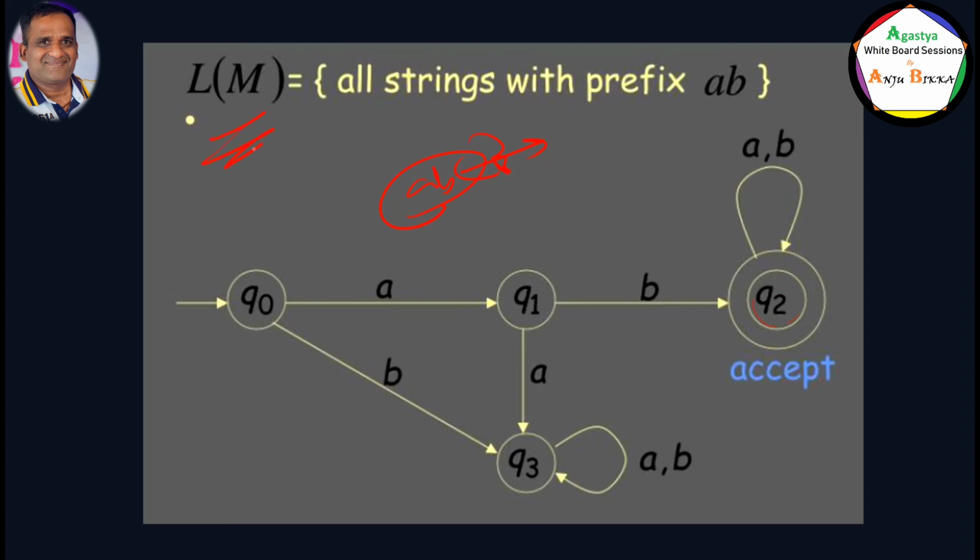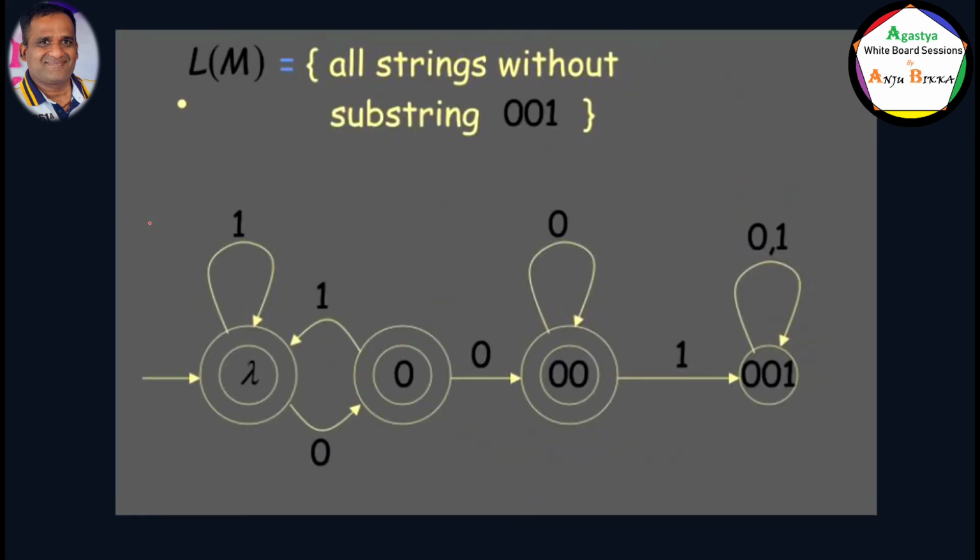So this is the L of M. Now this one accepts all strings without the substring 001. Without having this substring, the rest of the strings are accepted. If it has the substring 001, then the string is rejected here. This is the non-final trap state.